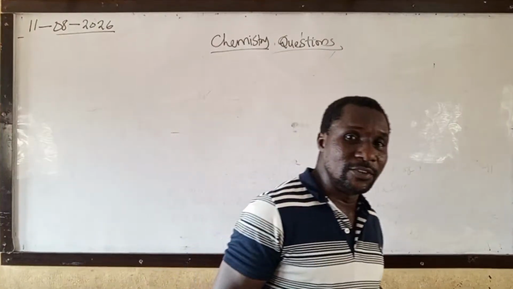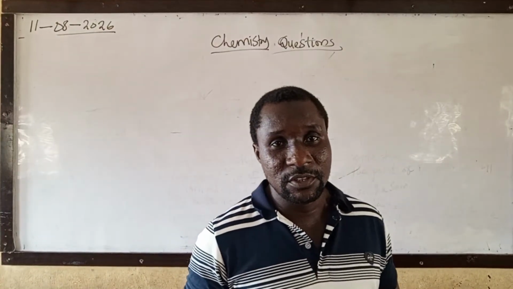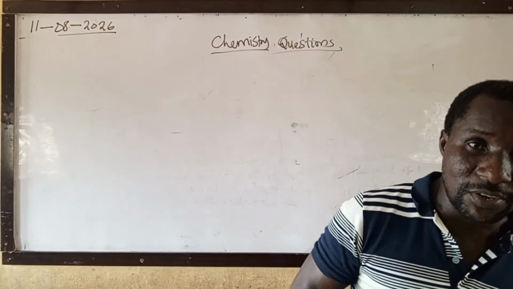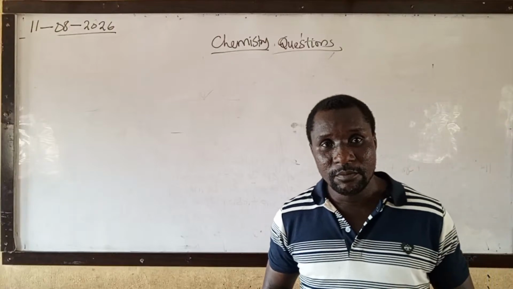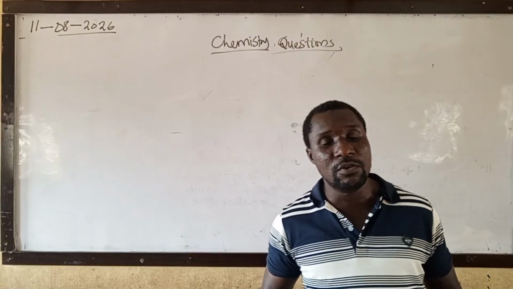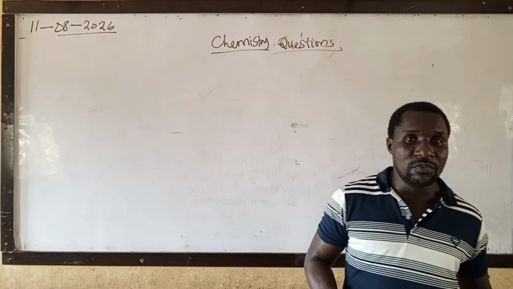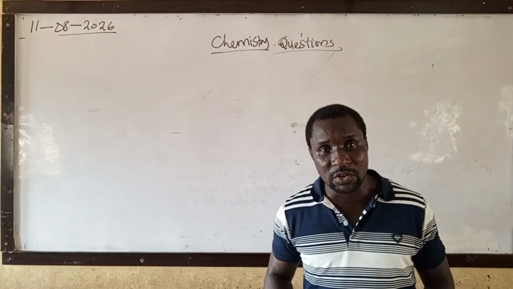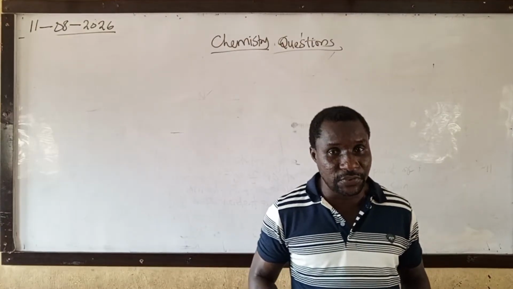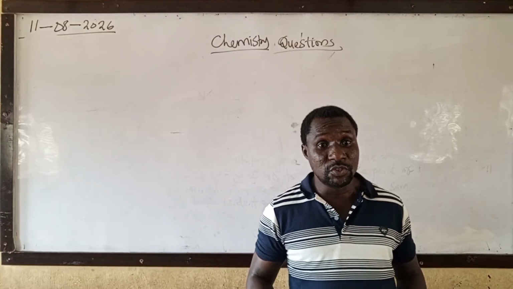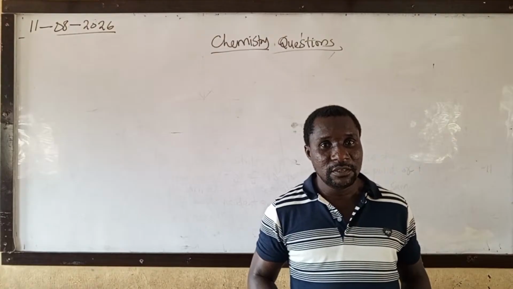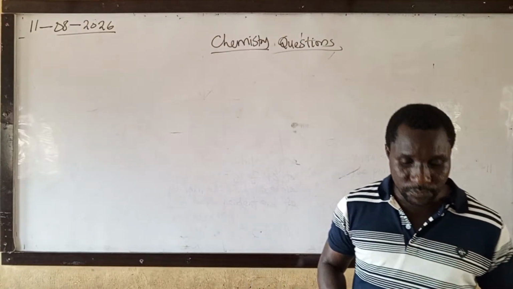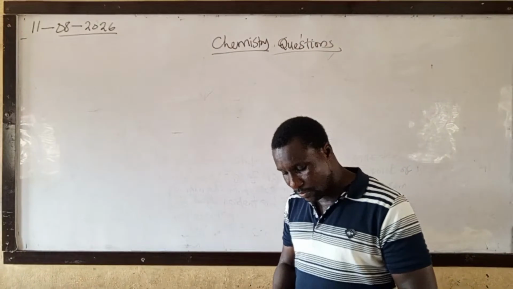It won't take more than 20 minutes, because we want to look at the questions. But by God's grace, tomorrow we shall look at another topic under chemistry. We continue with chemistry and maths tomorrow.